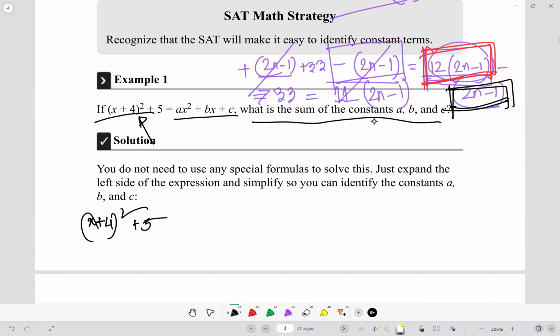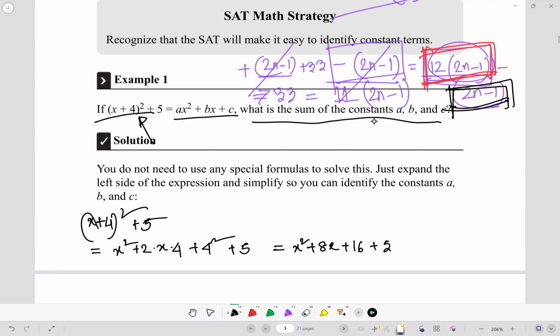So what do I need to do? We just need to expand it. To do it, (x plus 4) whole squared is x squared plus 2x4 plus 4 squared, plus 5. And then it is going to be x squared plus 8x plus 16 plus 5, right?